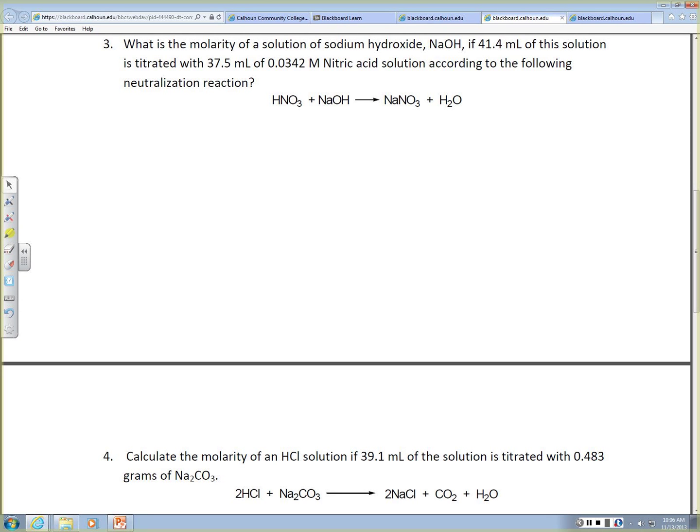If we start with what we know the most about, here we have the volume and the molarity of our acid. We're trying to find the molarity of the base.